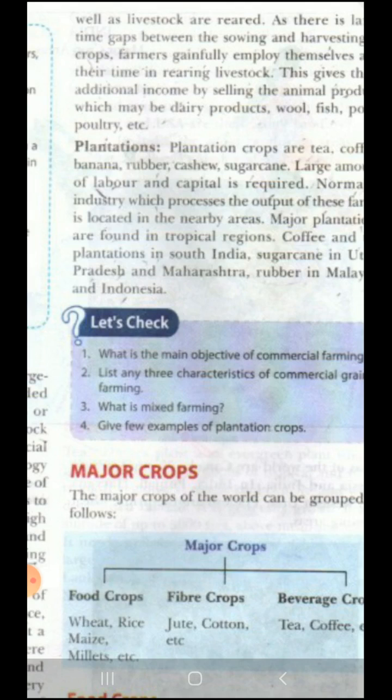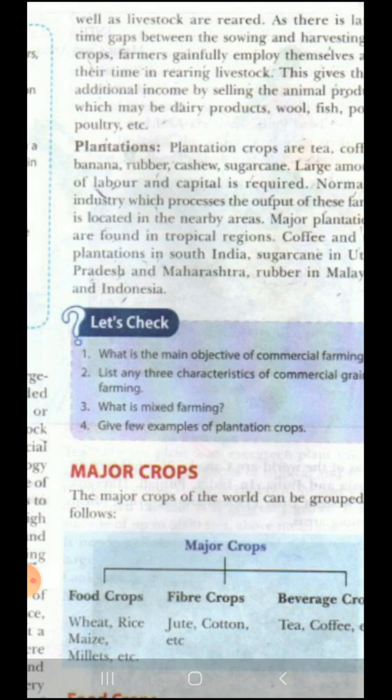Waste from the farm is fed to animals, and animal waste is used as manure. This farming is commonly practiced in Europe, North America, and New Zealand.